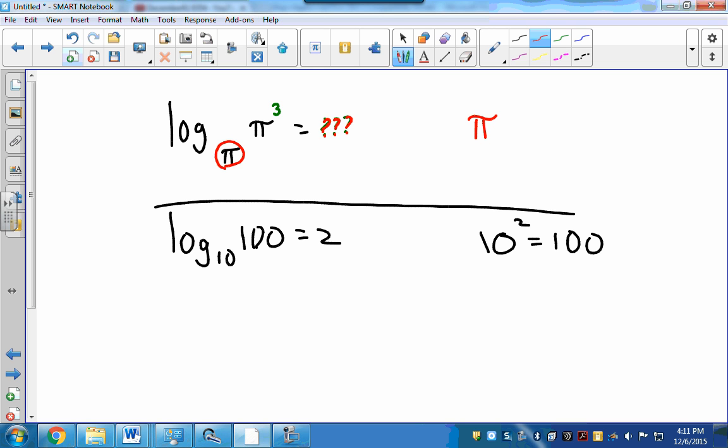The exponent is the logarithm, the 2 in the key. That's the same as the exponent. So we don't know what that is; we'll put the question marks there. And then the argument, this 100, that's the value of the exponential, so we'll put that on the other side, and that's pi cubed.